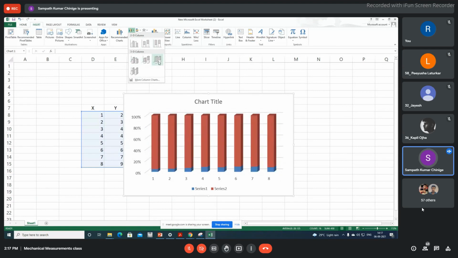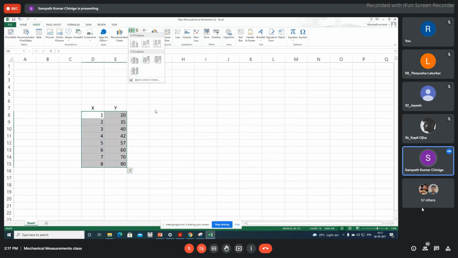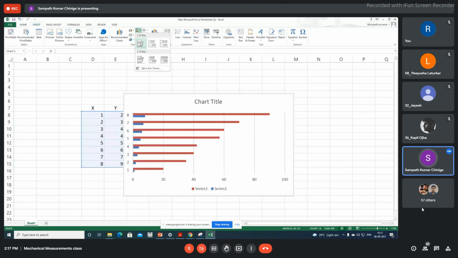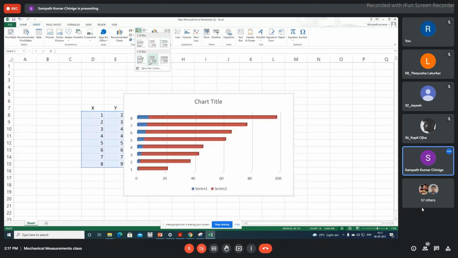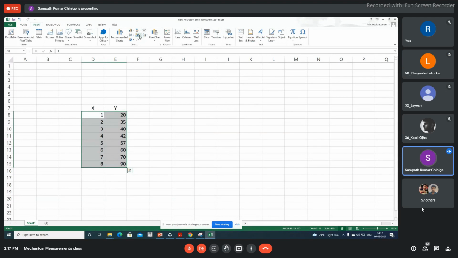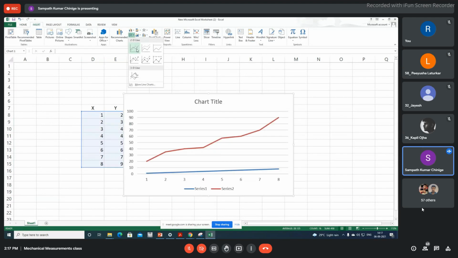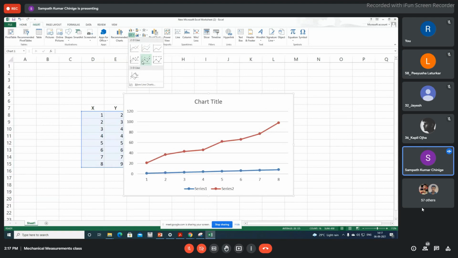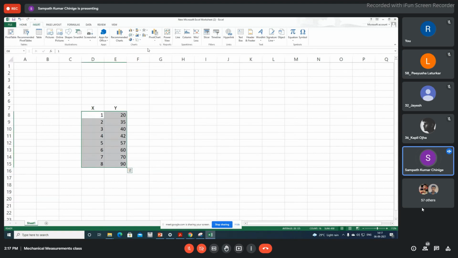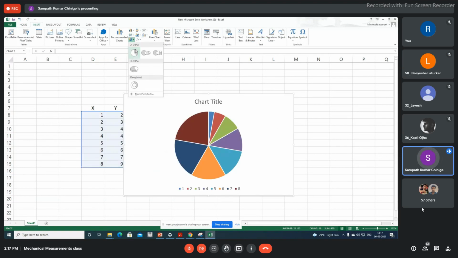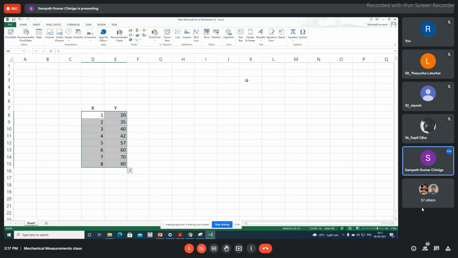You do not need to worry, if you give the data it will plot for you. Bar diagrams are also there, and you also have 2D line curves. We can also have a pie chart, showing how much percentage each one has. So different things are there.